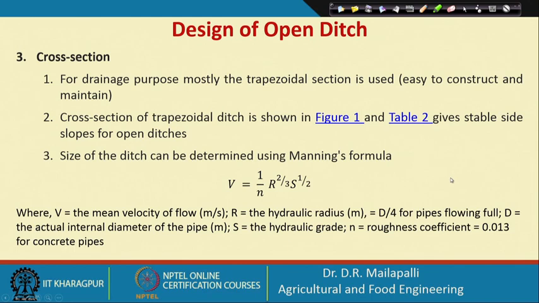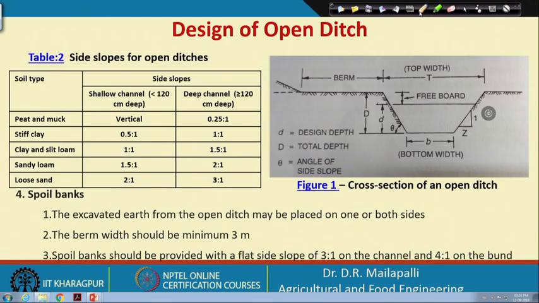So, you see table number 2, in which the side slopes are given for a particular channel. Here the soil types are peat and muck, stiff clay and clay, silt loam, sandy loam and loose sand.